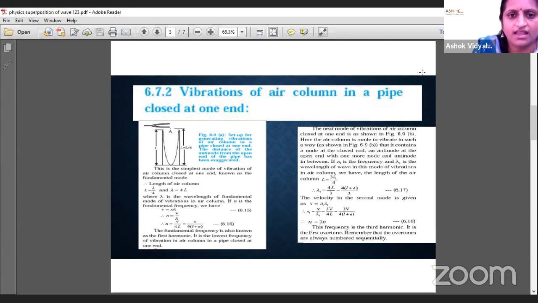See here. Consider a long cylindrical tube closed at one end and consisting of an air column with a rigid boundary at one end. When a vibrating tuning fork is held near the open end of the closed pipe, sound waves are sent by the fork inside the tube.